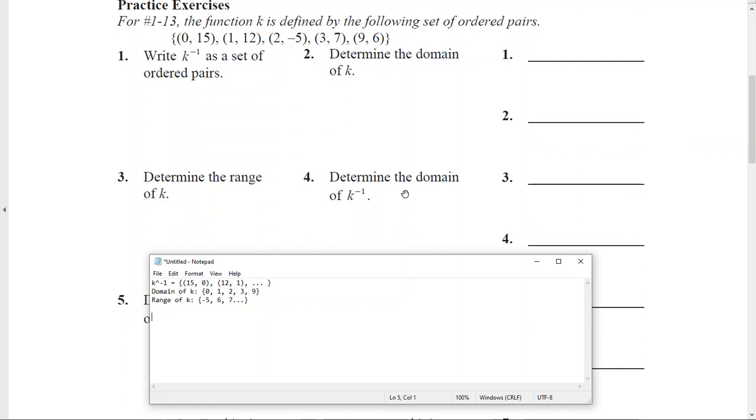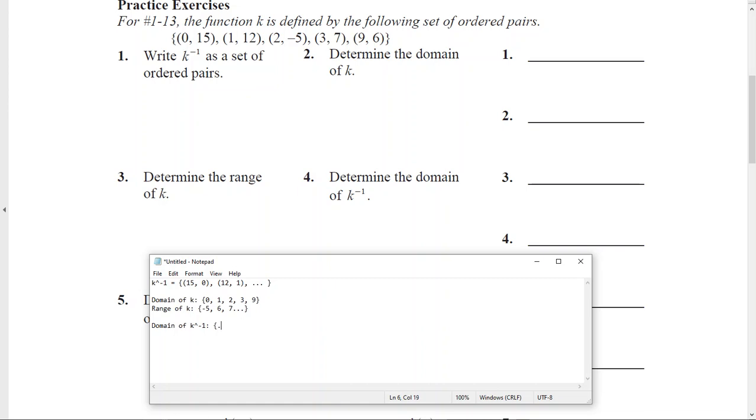Next, it asks me for the domain of k inverse. So the domain of k inverse is, again, the inputs from this function's list. And again, I don't have all my ordered pairs in here, but you would look at all the inputs and you would get them in order.